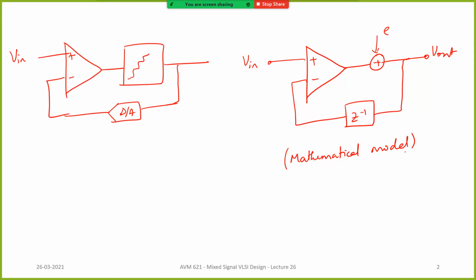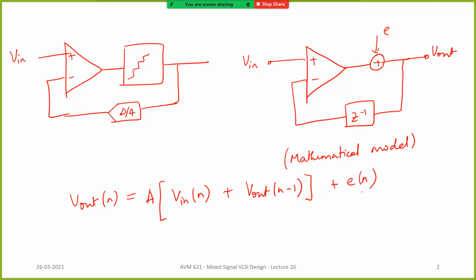If you were to write it in the n domain, the discrete domain, V out of n can be written as A times V in of n, A being the open loop gain of the op amp, plus there is a Z inverse, so it becomes V out of n minus 1, plus E of n. Yesterday I got this equation wrong, so please change it.